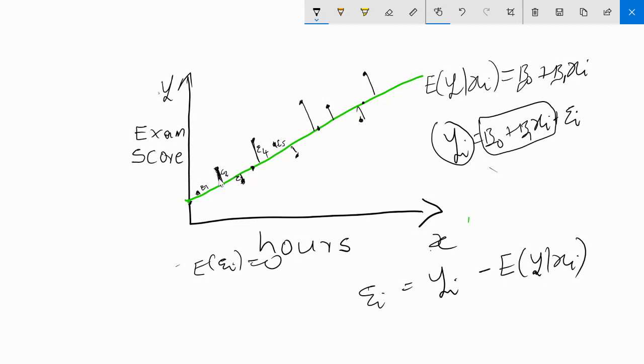Our errors can be calculated using that expression: e_i is equal to y_i, which is the actual value of the response variable, minus the expected value of the response variable. Is it clear?